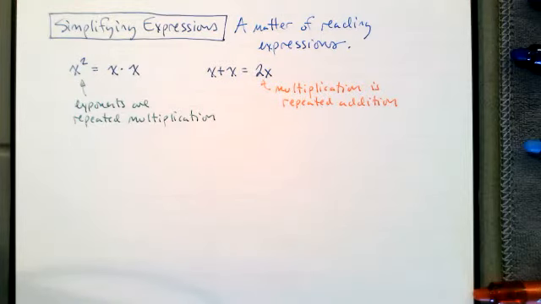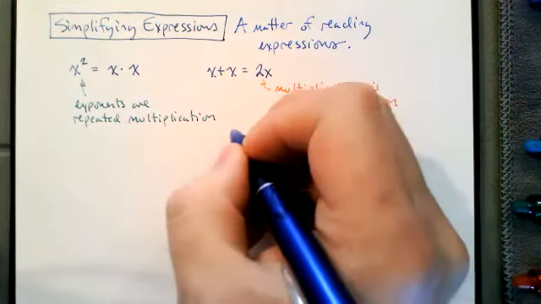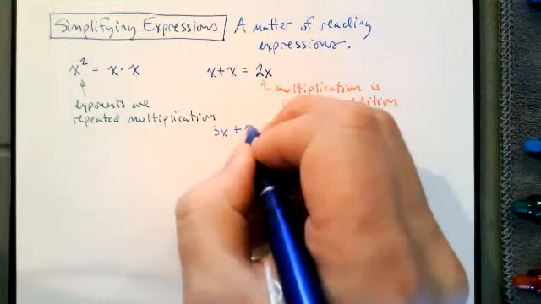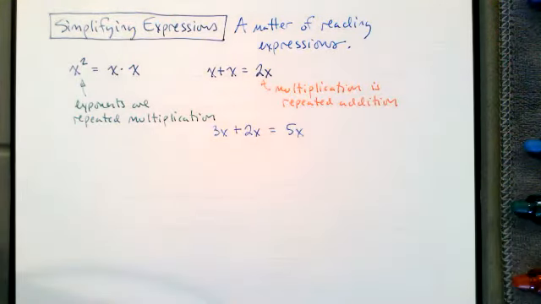This will help us start simplifying expressions. The rules for simplifying expressions are not just randomly put together to try to cause you discomfort. They are the way they are because that's how numbers work. If I want to simplify something like 3x plus 2x, we could encode this in some rule: we just add the coefficients.